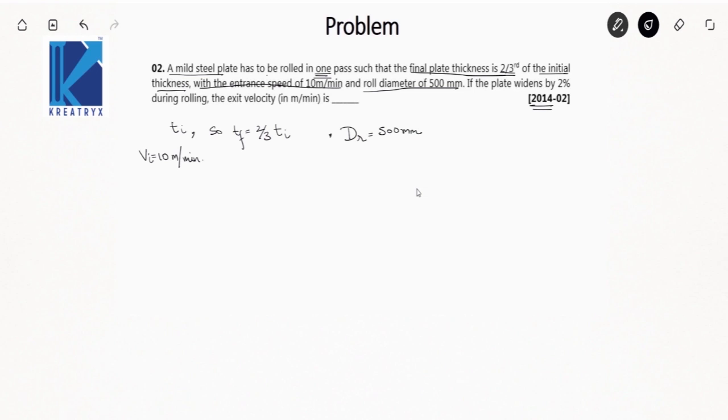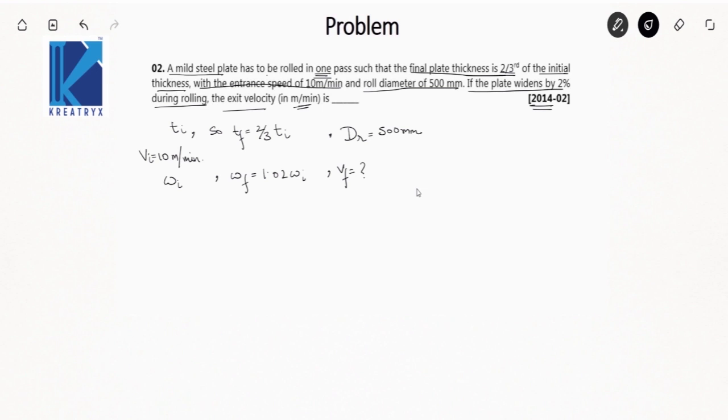Now they are saying that the plate widens by 2% during rolling. So let us say that initial width is Wi, so the final width will be 1.02 times Wi. Now they are asking what is Vf, that too in meter per minute.